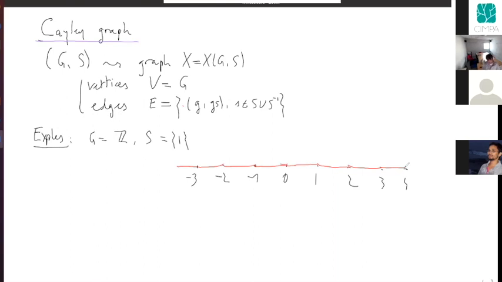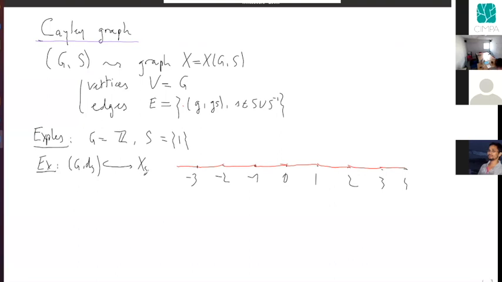And what you can check, so it's an exercise that you'll see, I guess, tomorrow, is that if you look at the embedding of the group with respect to the word metric inside the Cayley graph, then this is an isometric embedding, meaning that it preserves the distances.